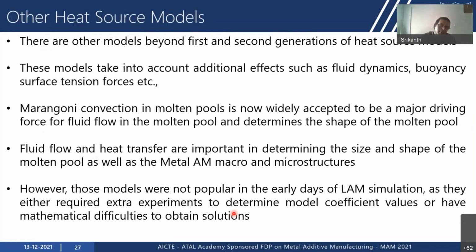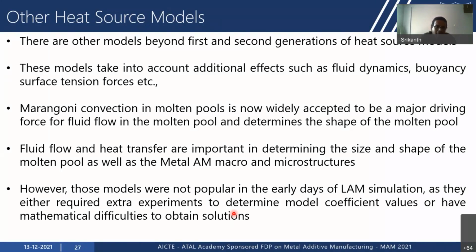So in addition to the heat source models that I just mentioned, there are other heat source models that take into account the effects such as convective flows within the melt pool that are caused because of either buoyancy or surface tension gradient. Now, we know that convective flows occur in the molten pool because of density differences, because of electric current when you're looking at electron beam process, and also because of the surface tension gradient.